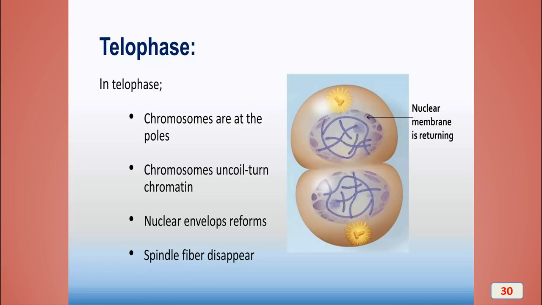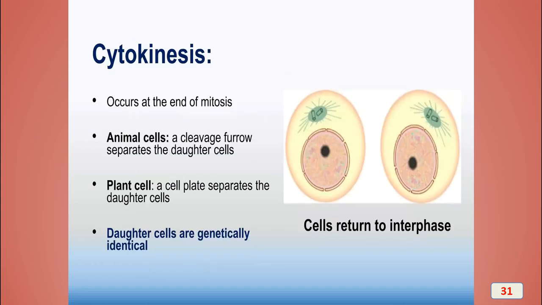Chromosomes uncoil to turn into chromatin, and nuclear envelopes develop for the new nuclei. Then the spindle fibers disappear, and cytokinesis occurs at the end of mitosis. Animal cells have a cleavage furrow to separate the daughter cells, whereas in the plant cell, a cell plate separates the daughter cells, and the daughter cells are genetically identical.